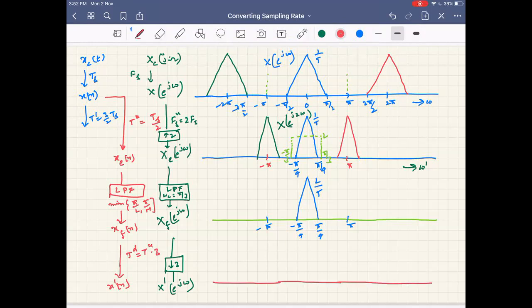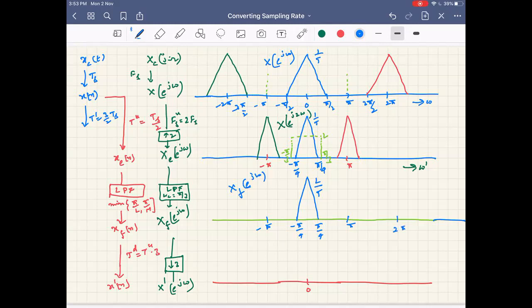After filtering, what we have sketched from minus pi to pi is correct. But because this is a discrete time Fourier transform, there is a repetition at 2 pi, which is not shown here.